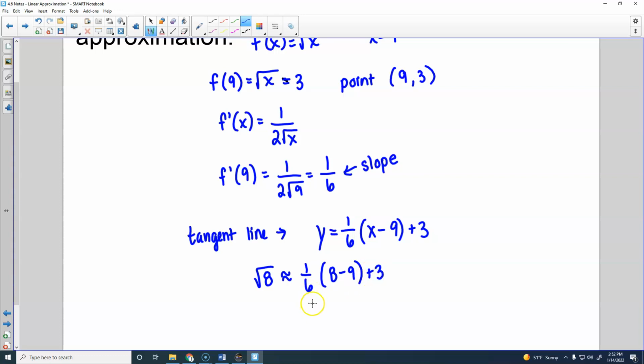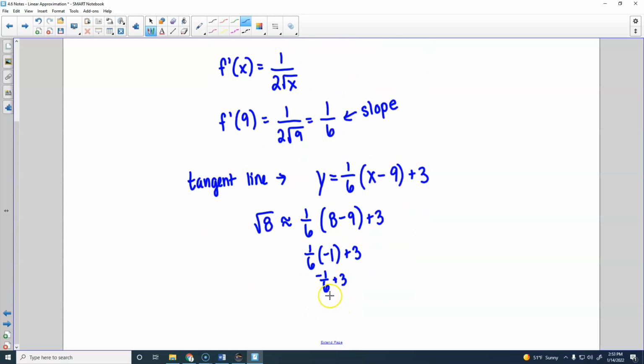So I get 1/6 times -1 plus 3, so -1/6 plus 3, and that is going to be -1/6 plus 18 over 6. So I will get 17 over 6 for my approximation.